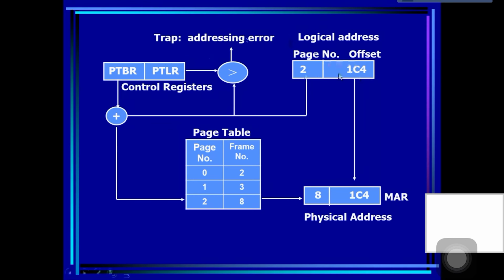And this is the logical address. We can see the higher 4 bits are the page number, and the lower 12 bits are the page offset. The hardware first compares the logical page number with the page table length register, and if this page number is smaller than the page table length, it is valid.